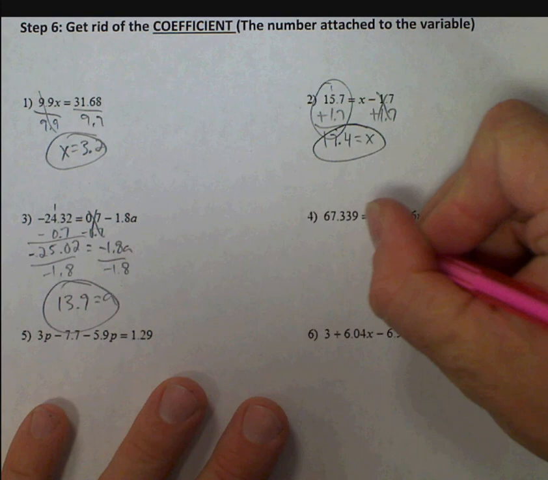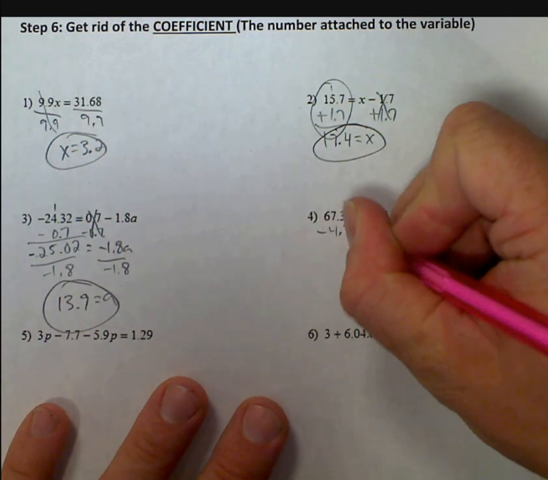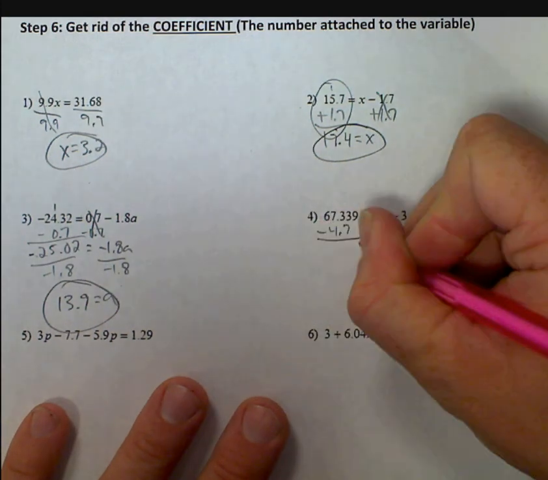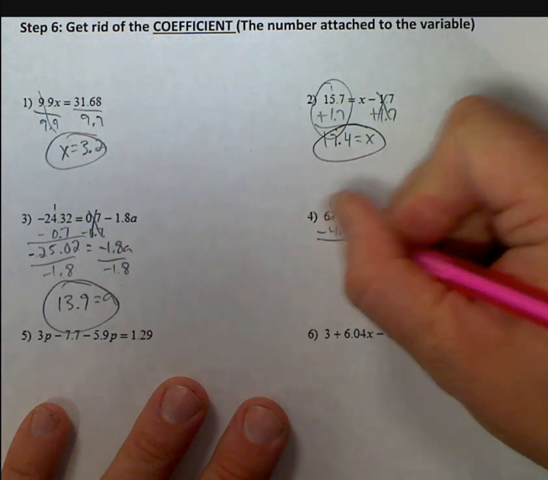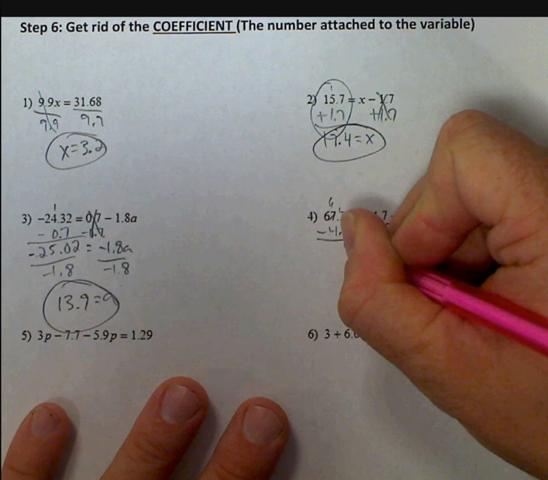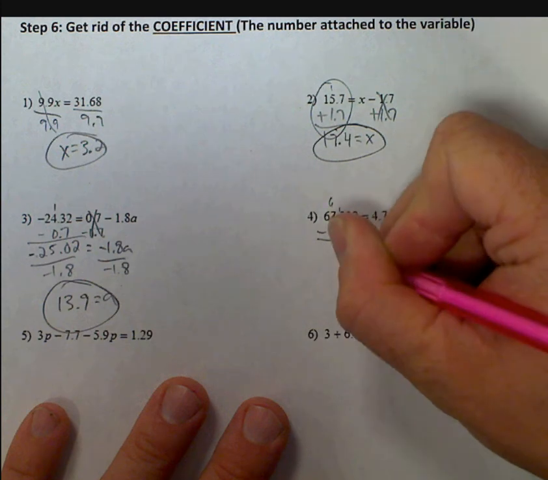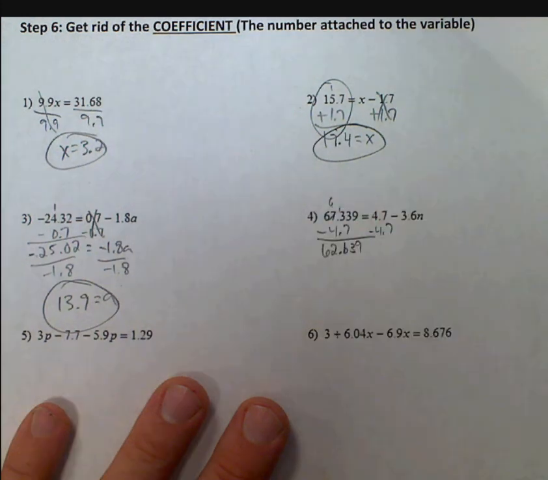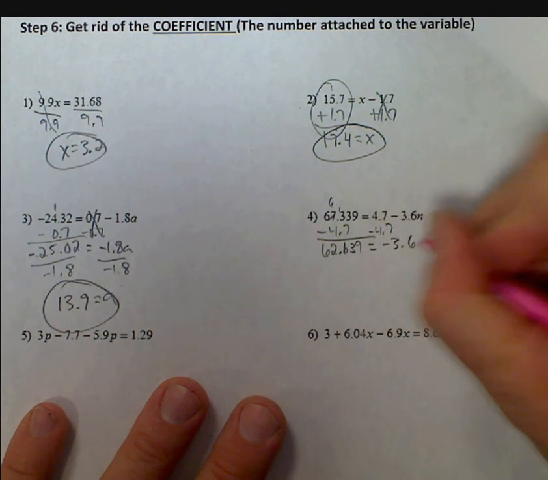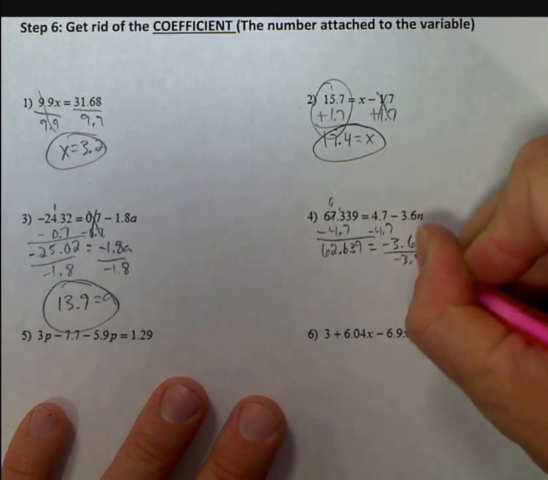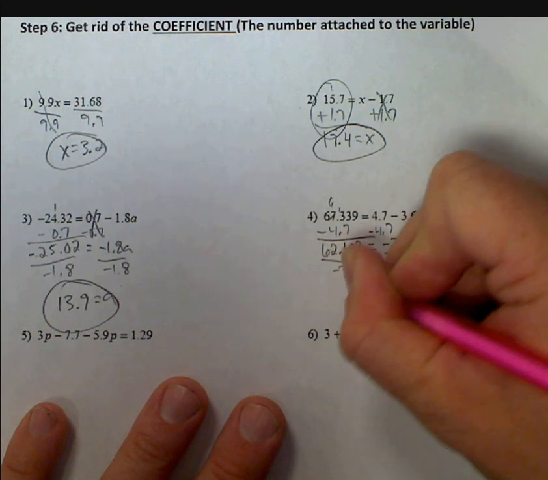Number 4, get rid of 4.7, minus 4.7. If I subtract, that's 9, that's 3, borrow, 13 minus 7 is 6. 6 minus 4 is 2, 6. 64.637, or 9, equals negative 3.6n. Divide by negative 3.6.